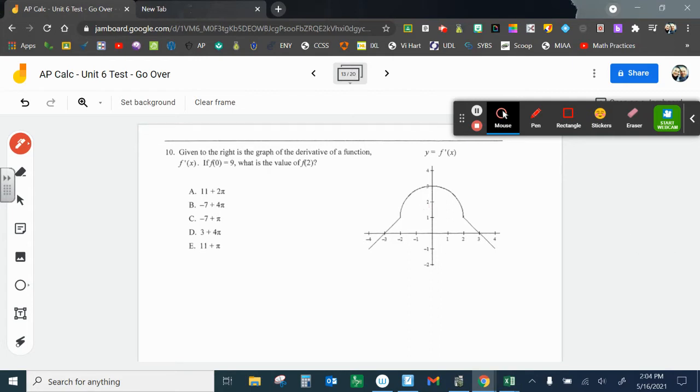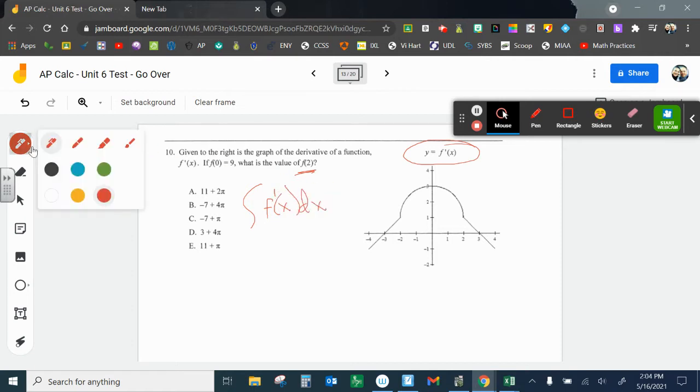Okay, given to the right is the graph of the derivative. Okay, if f of 0 equals 9, what is the value of f of 2? All right, right now, I like to think of this as they are talking about the derivative, but they ask us to find something with the original function.